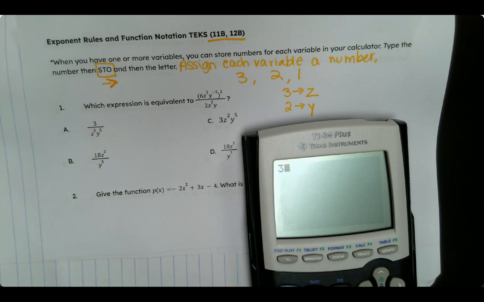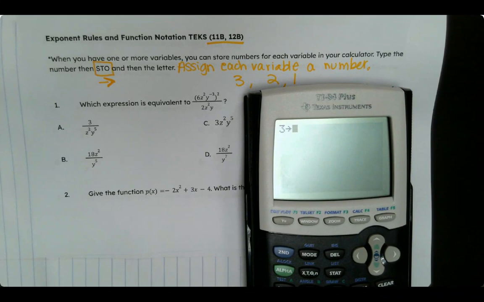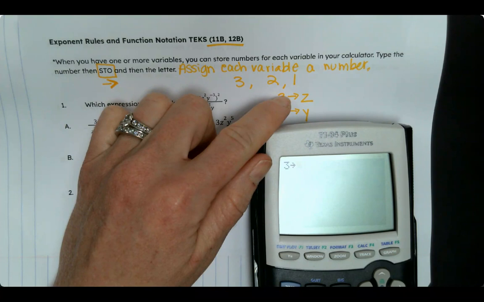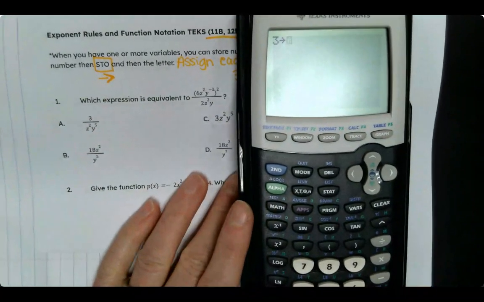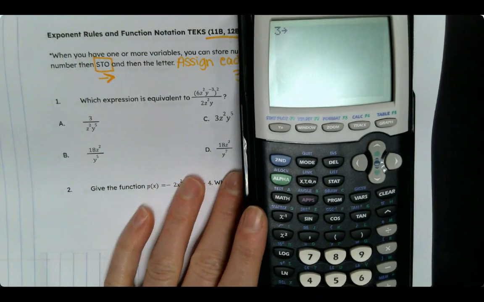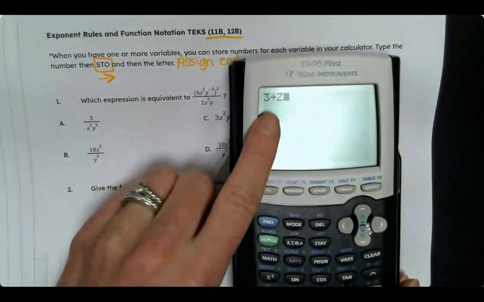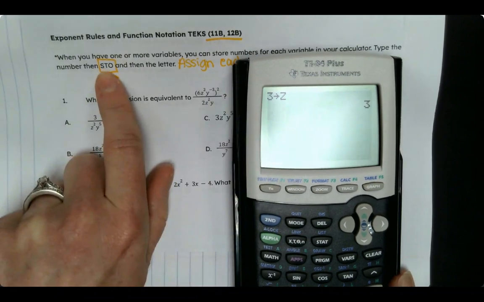So we're going to do 3 and then push the store button, and it comes out as an arrow. And we're going to do Z. So since Z is a letter in the alphabet, we're going to do alpha and look for the green that has a Z, and it's on number 2. So you should have this in your calculator, 3 store Z. The store button, which is right here.